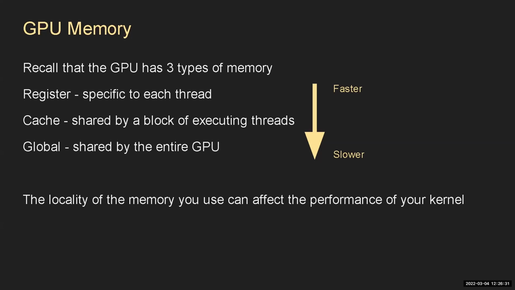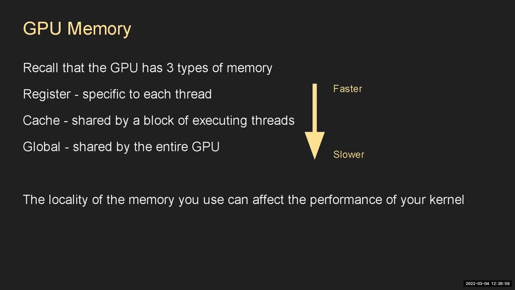And finally, global variables. Any pointer or array parameter, any sort of persistent memory that you give to the GPU to the kernel as a parameter, that's going to be global, which is good because it means that any kernel of any size can access it, but it's also the slowest type of access.